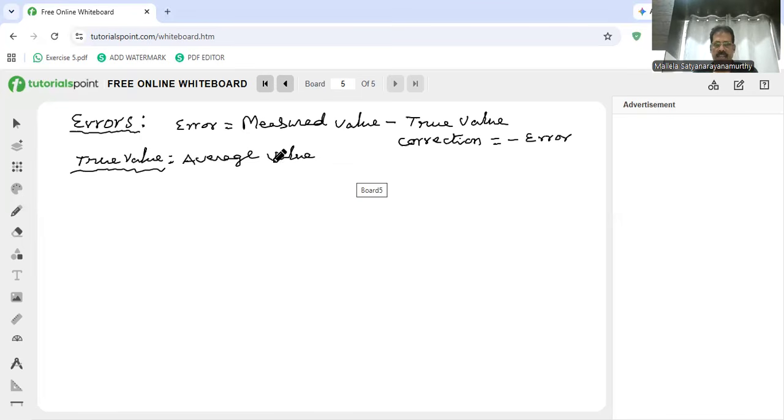Why are you taking the average? Because the error will get reduced. So A1 plus A2, etc., AN by N. This is the true value. We can write it as average A bar also. Average value is the true value.